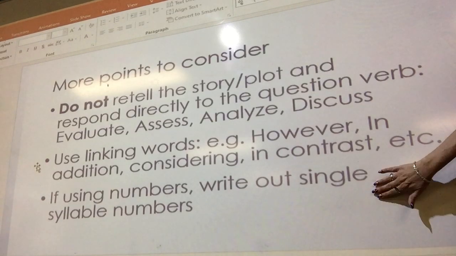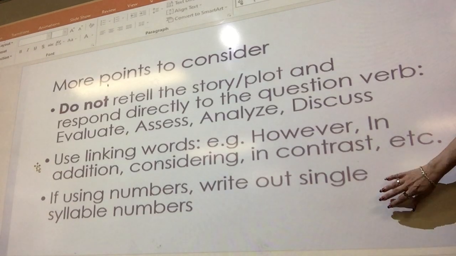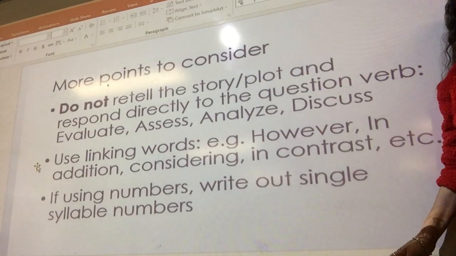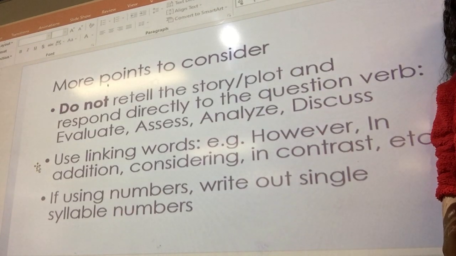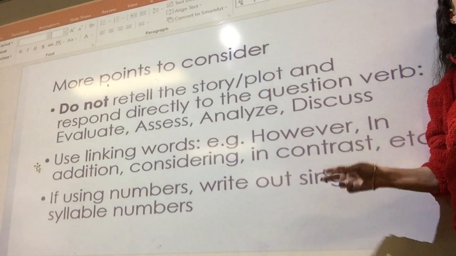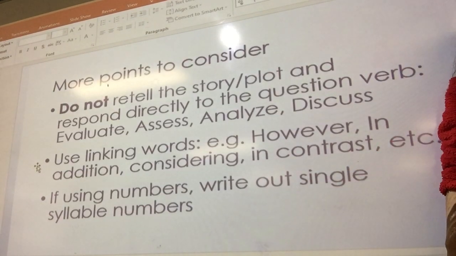And single syllable numbers, write them out. 1 through 6, 8 through 10, write them out. 0 and 7 you do not have to write out, because 0 and 7 are two syllables. You write out single syllable numbers.